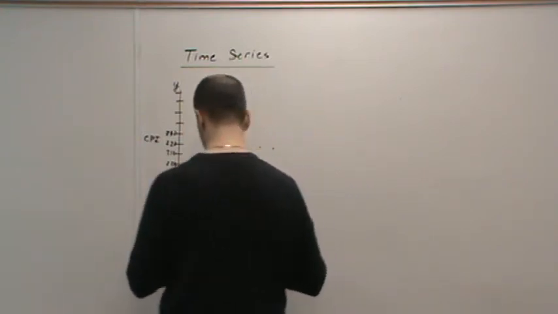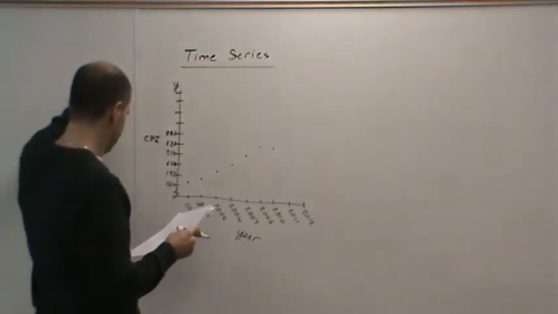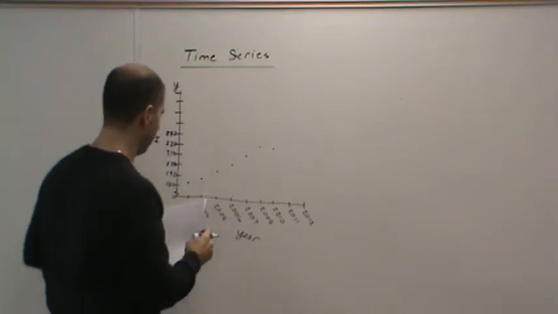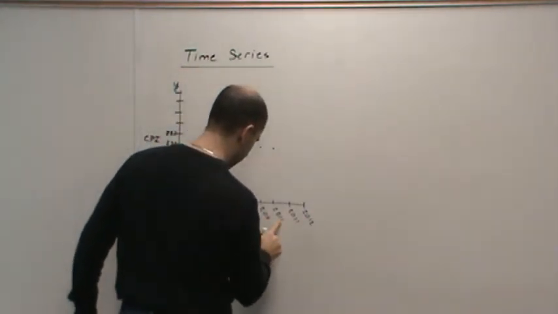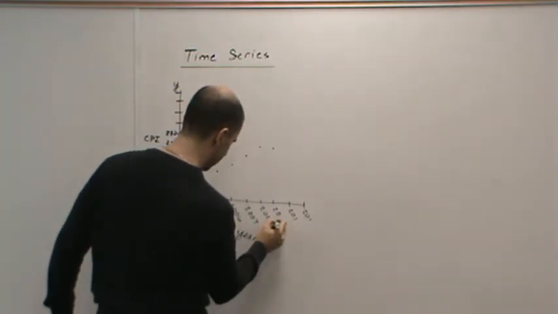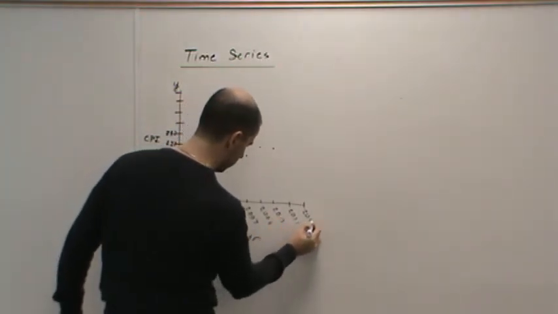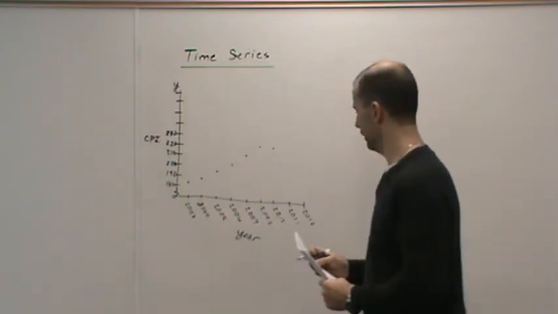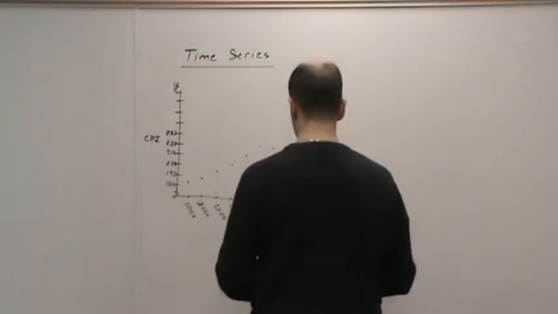Hold on a second. Oh my gosh, I knew I did something wrong. It wasn't looking right. So this is 9, 10, 11, 12. There we go. Okay, so everything looks good.